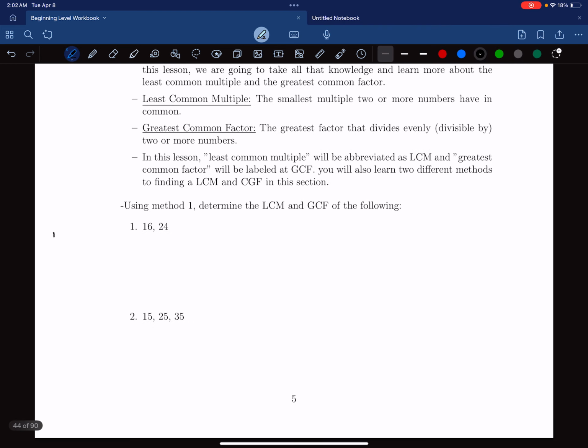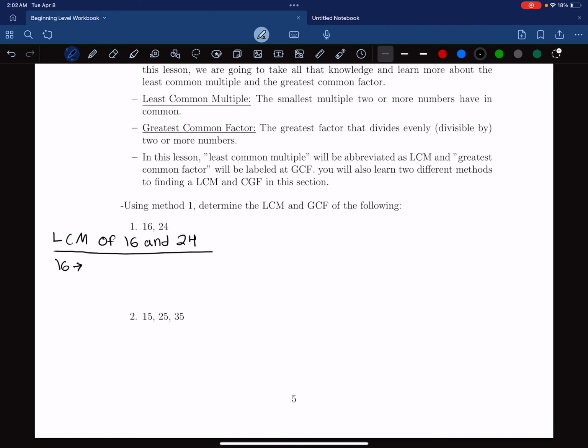Let's first find the least common multiple of 16 and 24. And to do that, let's start off by listing the multiples of 16.